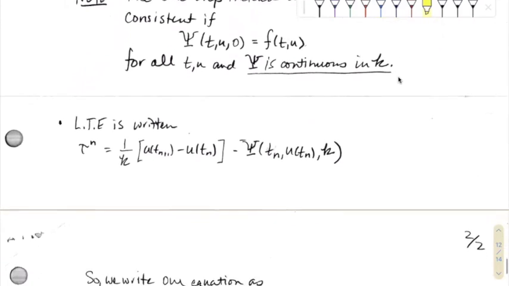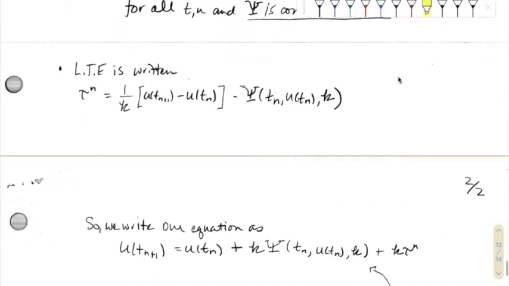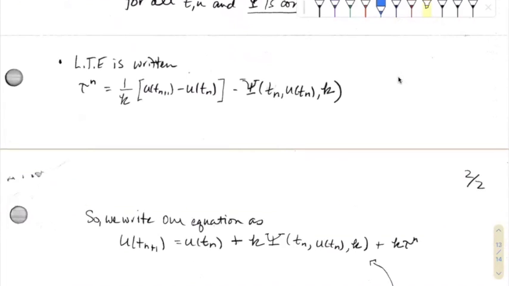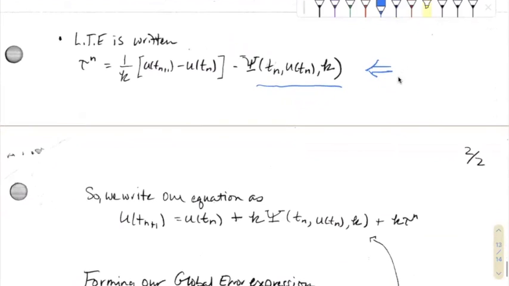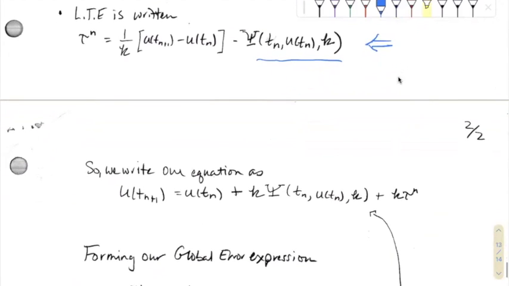You write the local truncation error in much the same way that we wrote it before. It's going to look like this, only now where you saw an f, there is now this psi variable. It'll just be uglier to work with. We rewrite that equation in the same way that we were rewriting them before. U at Tn plus 1 is what you solve for, and you still get something in terms of u at Tn and your psi, and then your local truncation error.